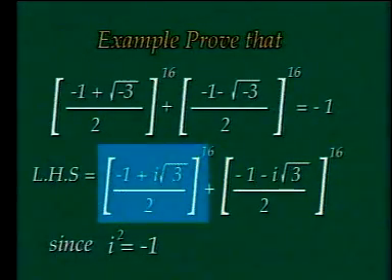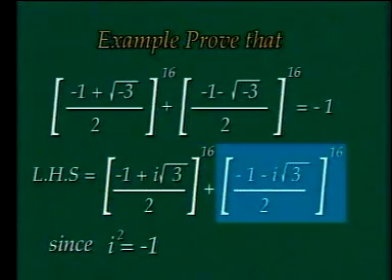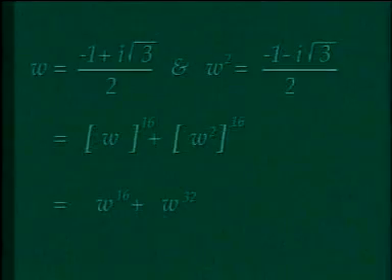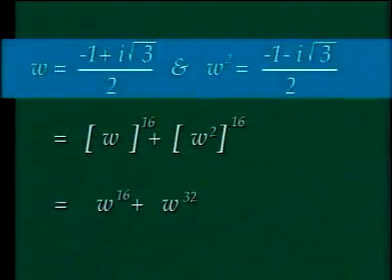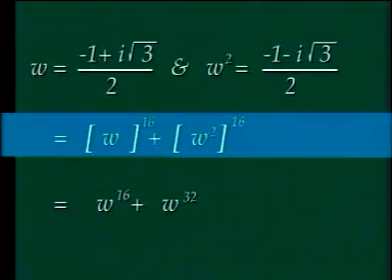This one, you know, is omega, the first cube root of unity, and this was the second complex cube root of unity. So if we place the values of omega and omega square, that is omega power 16, because this was equal to omega.